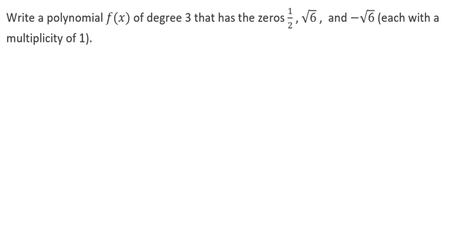So by the factor theorem, if 1/2, the square root of 6, and negative square root of 6 are zeros of the polynomial f of x, then we can say that x minus 1/2 and x minus radical 6 and x plus radical 6 are factors of f of x.